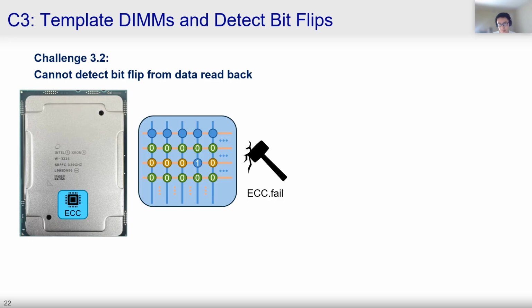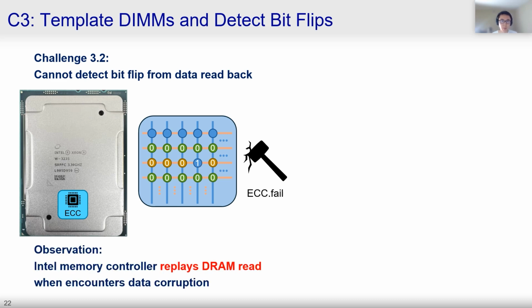However, we still need a way to detect whether the bit is flipped or not, because if the bit is flipped, it will be corrected by ECC, and the data read back is still the same. What we observe is that the Intel memory controller will replay DRAM reads when it encounters data corruption with bit flips.